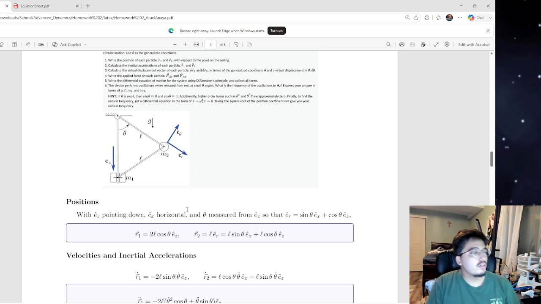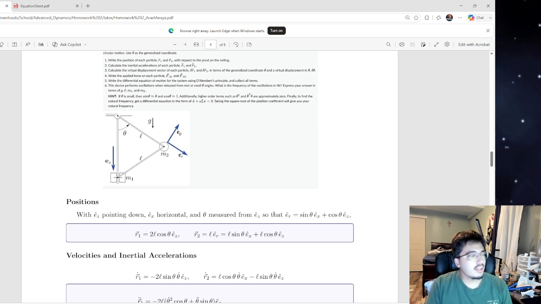And then for R2, we could define this just by doing L in the ER direction. I also went ahead and wrote it in terms of theta. I defined some EX coordinate over here, and then said it was L sine theta EX plus L cosine theta EZ.